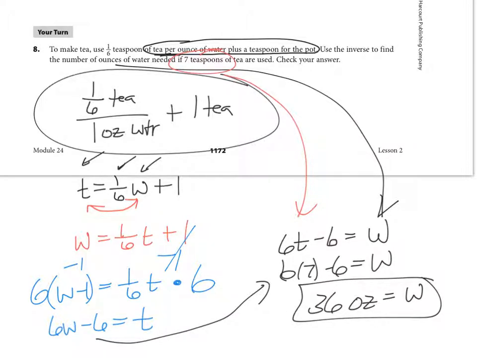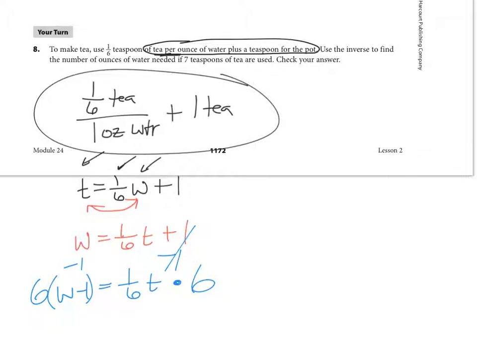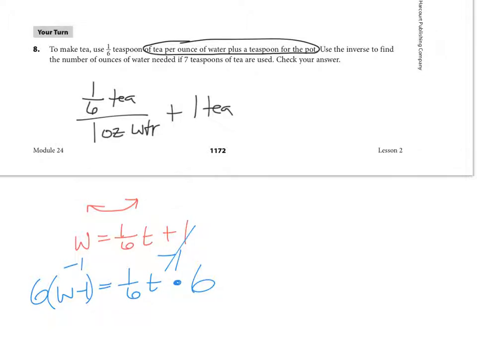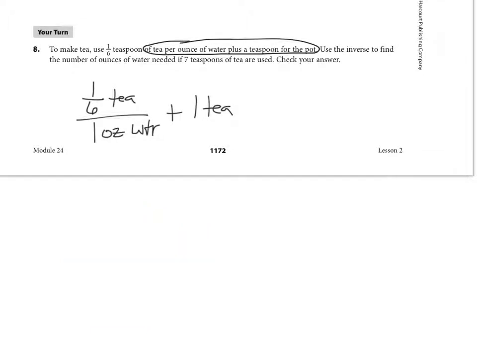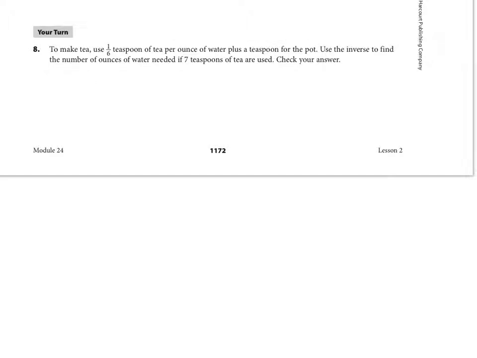To be very honest with you, I'm not a big fan of using inverses when doing a word problem. What I would have done in this particular case, and again this is completely up to you, is take the original problem, in which I have 7 teaspoons.